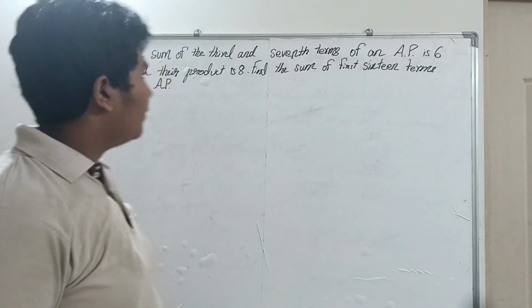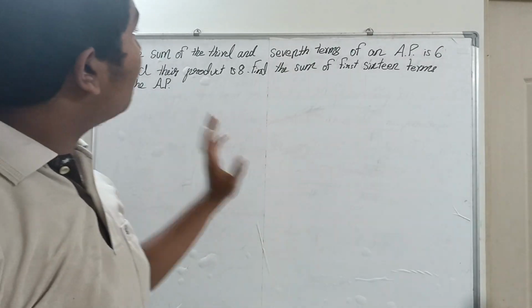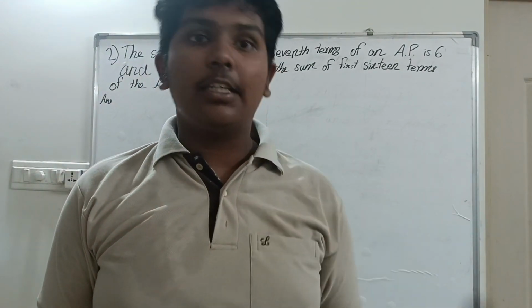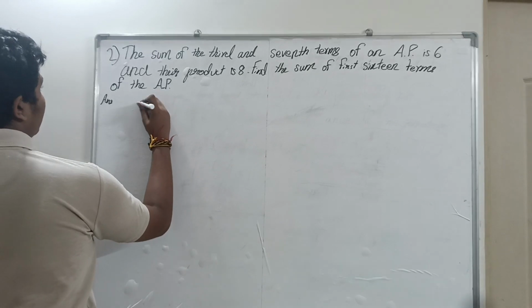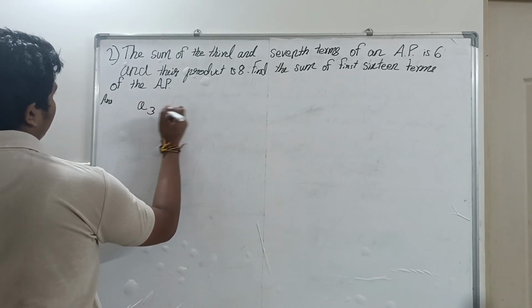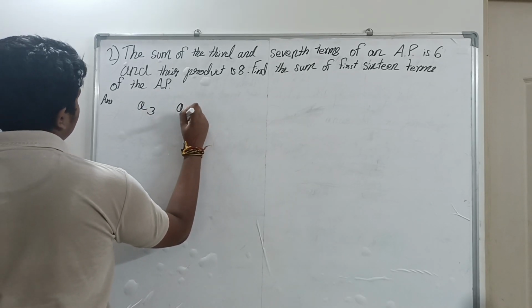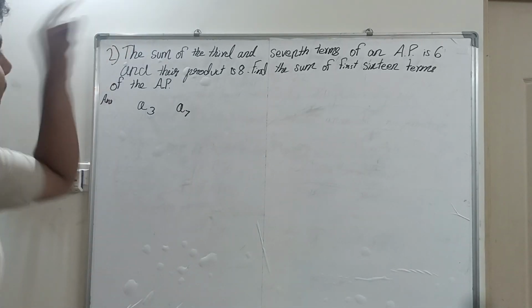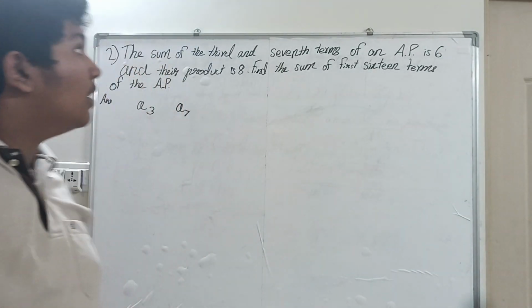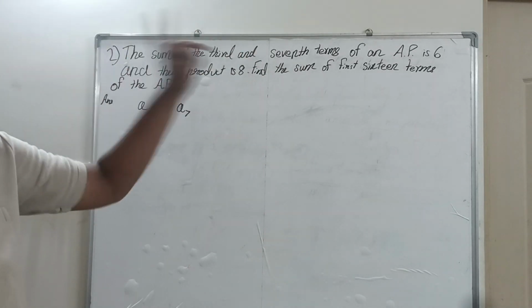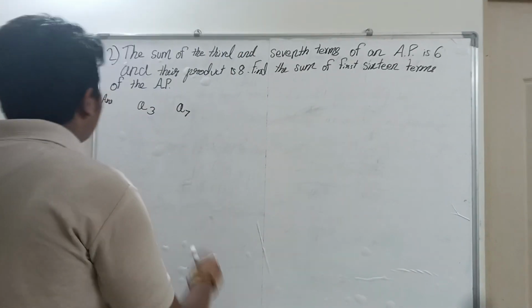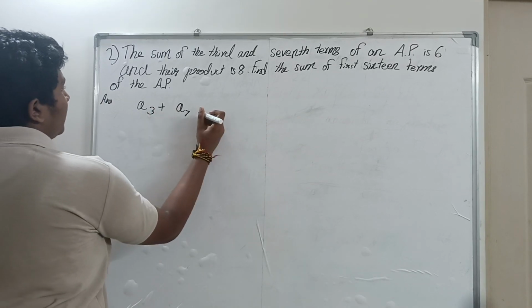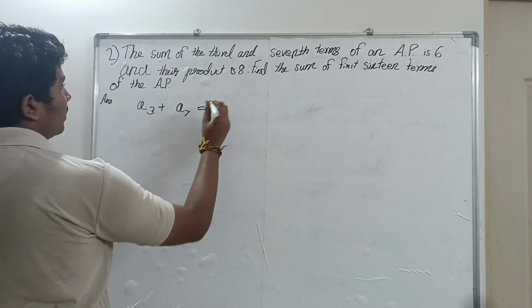Okay, so the sum of the third and seventh term, meaning there are two terms given, A3 and A7. The sum of the third and seventh term of an AP is 6. So sum means addition, right? So A3 plus A7 is equal to 6.